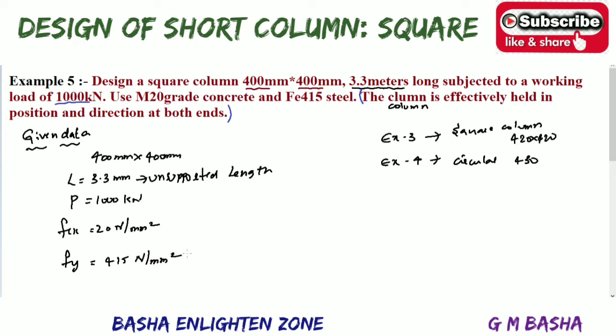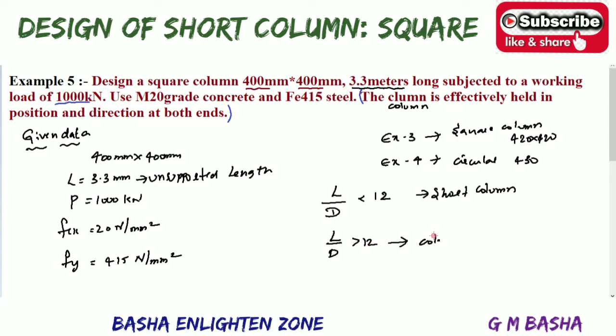So they just mentioned you have to design a column of 400 by 400 mm, 3.3 meters long. Whenever they give the length and particular dimensions, you have to check whether it comes under the short column or long column.